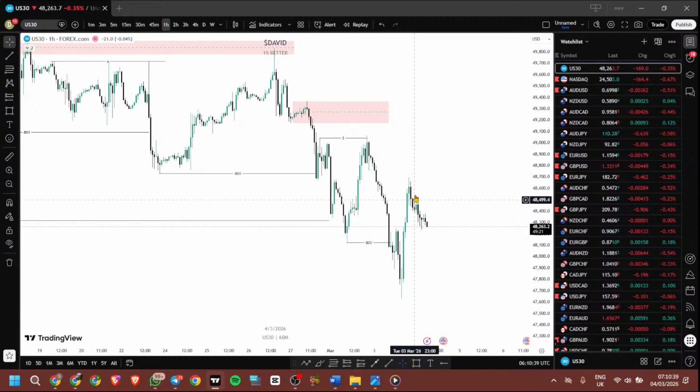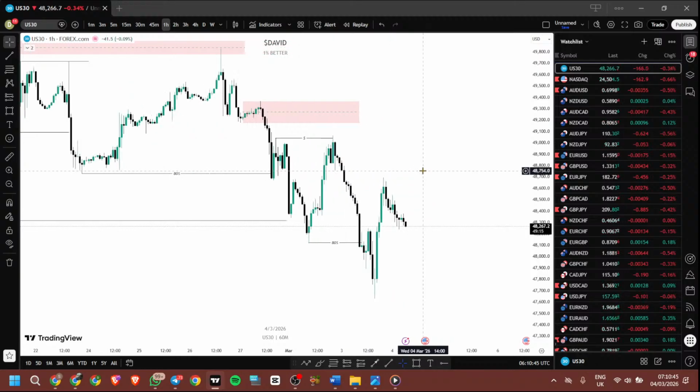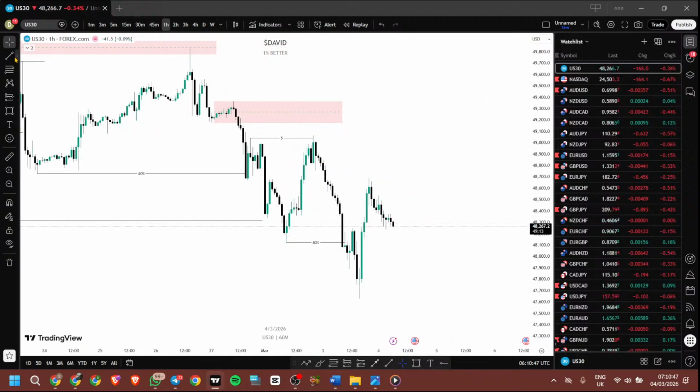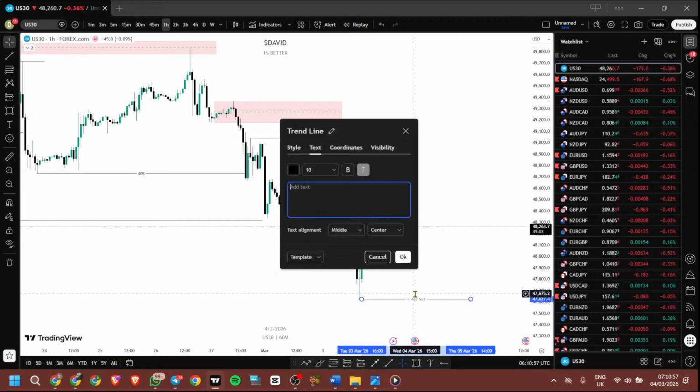We had this move into that fair value gap, as you can see. So what's price looking to do? Take out this zone again. That's basically how a downtrend works. Keep breaking structure.